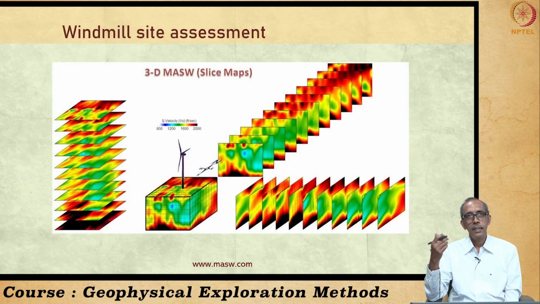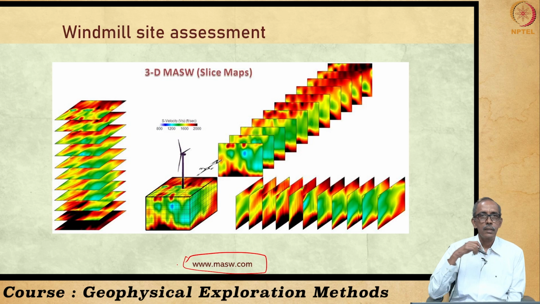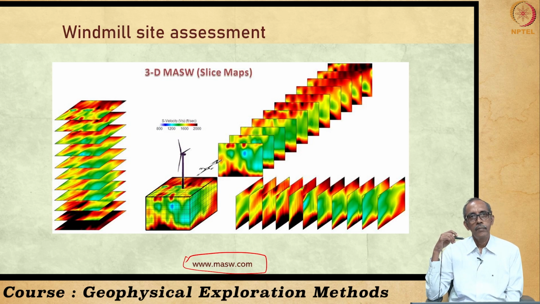So, here is another example from the same company. Here they had assessed the subsurface conditions for planning a huge windmill. Windmills have to be anchored at sites where the ground is intact because it is a huge structure.